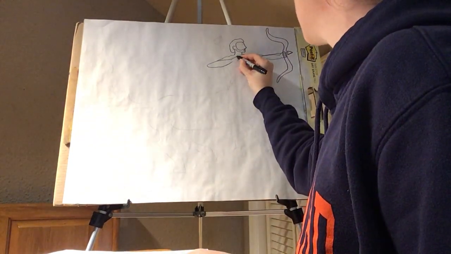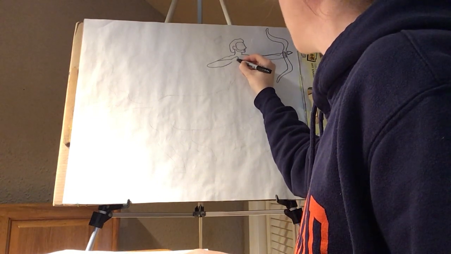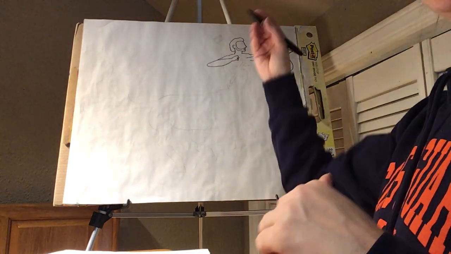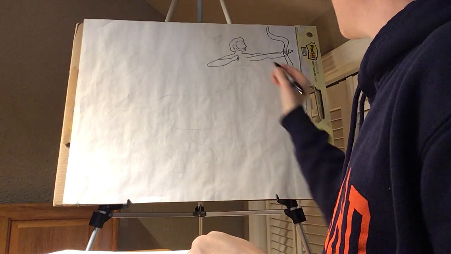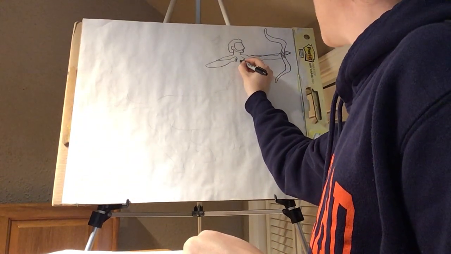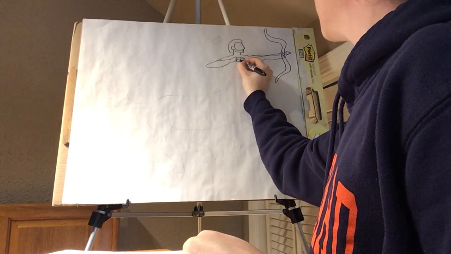Here's his hand coming up, and his 4 fingers holding the bow. His thumb is going to be on the other side of the arrow, so it's not going to be shown there. And then I can do the very back of the arrow here that he is holding.